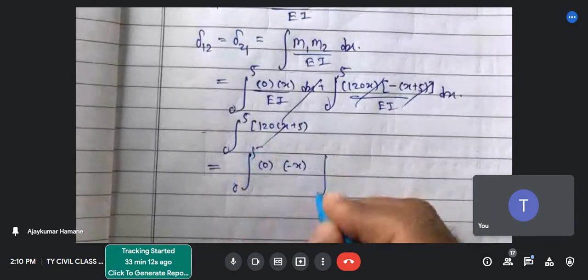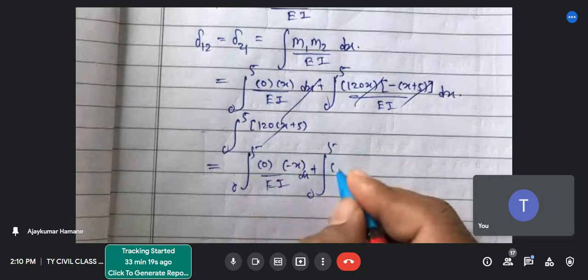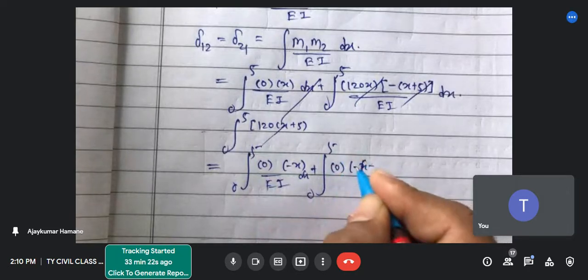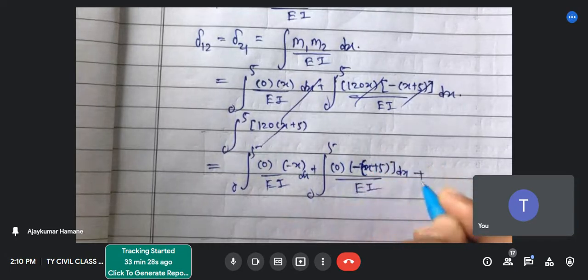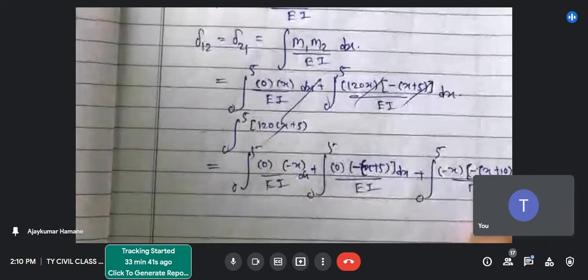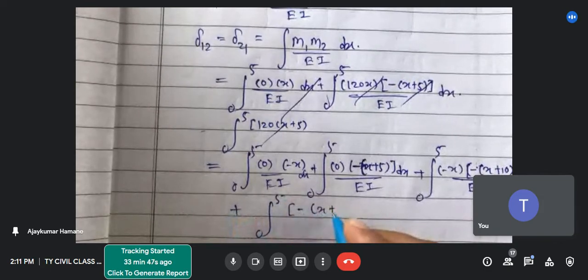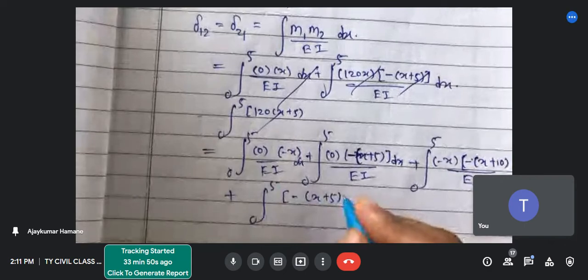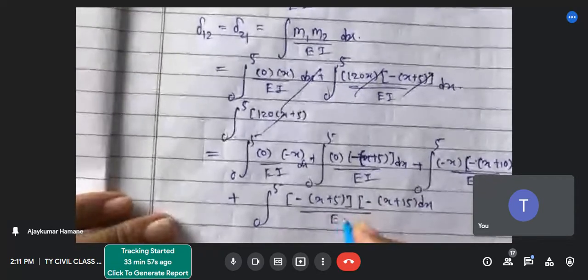First for CD, for DB, 0 to 5, we have 0 minus x, minus in bracket x plus 5 dx divided by EI, plus next one is BE, 0 to 5 minus x, minus in bracket x plus 10 dx divided by EI, plus 0 to 5 minus in bracket x plus 5, correct, another bracket minus x plus 15 dx divided by EI.